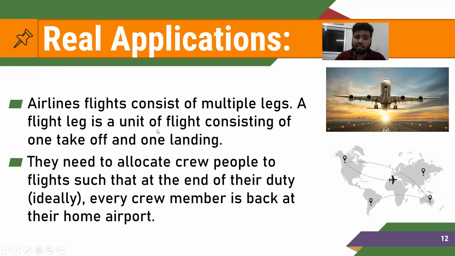A flight leg is a unit of flight consisting of one takeoff and one landing. They need to allocate crew people to flights such that at the end of their duty, every crew member is back at their home airport. So all these things are done by applying the logic of the traveling salesman problem, as I have discussed earlier.